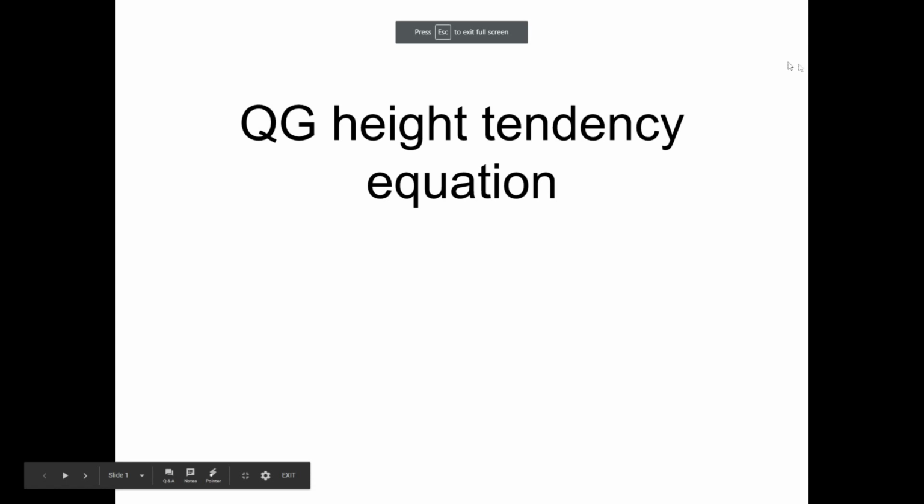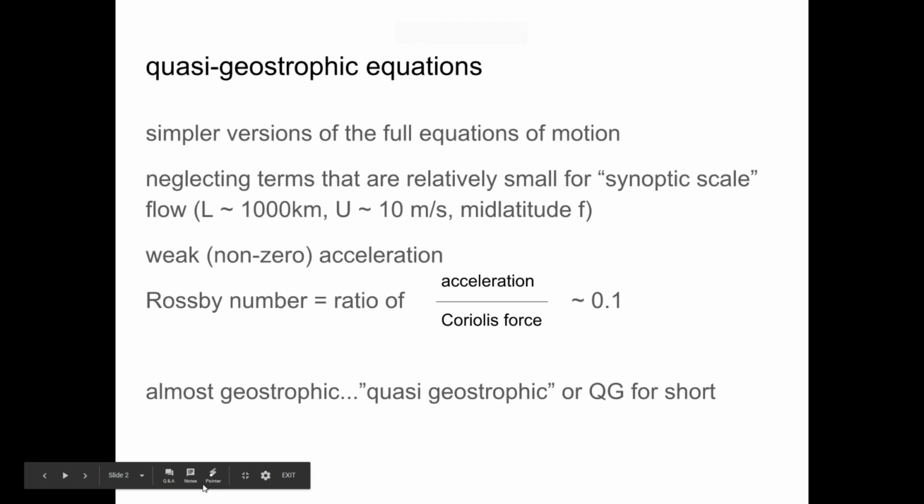So the QG height tendency equation, going back and looking again at this overview of the QG equations, this is a simpler version of the equations of motion, where we're neglecting small terms that aren't important for synoptic scale flow and just keeping the big terms.